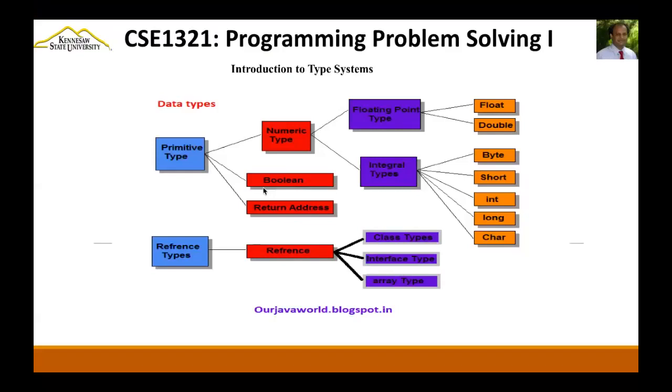So based on our data, we use an appropriate data type. Before we declare a variable, we need to think about what kind of data we will be using, and then we declare our variables with the specific data type.